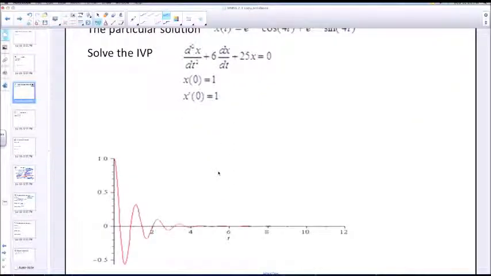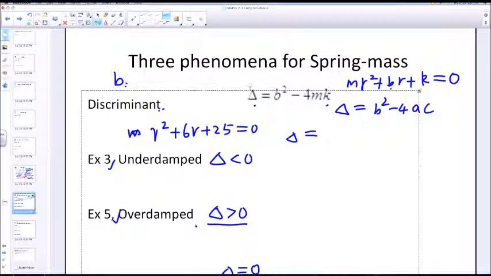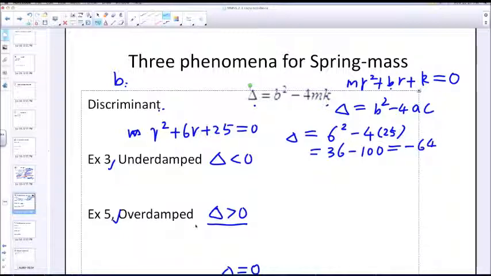It's the attenuating oscillation. So delta equals 6 squared minus 4 times 25. It's 36 minus 100, which is negative. That's what matters. If it's negative, how are you going to solve that? Let me try to solve it. You get the imaginary solution.